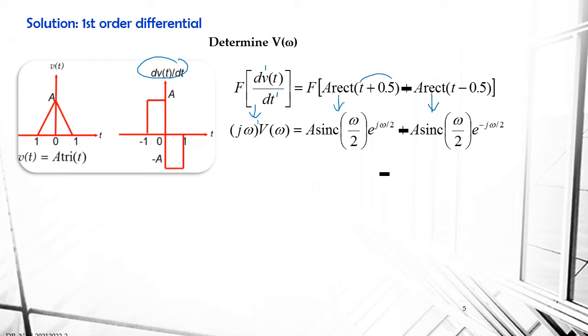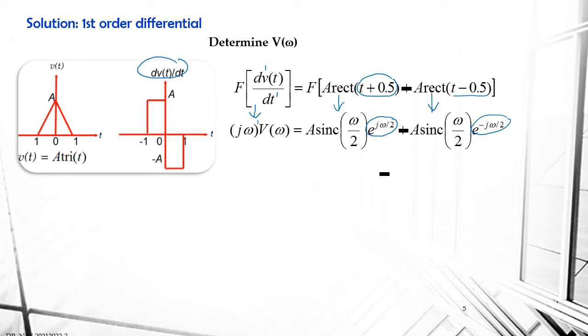Since there's shifting, refer to the table: when you have a time shift, the signal is multiplied by an exponential function. The same goes for the second component: the rectangular becomes a sinc function, and also there's a time shift, so multiplication with an exponential function.